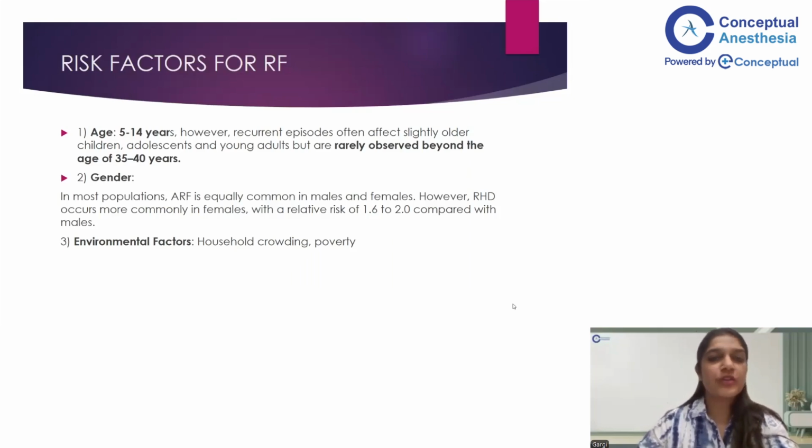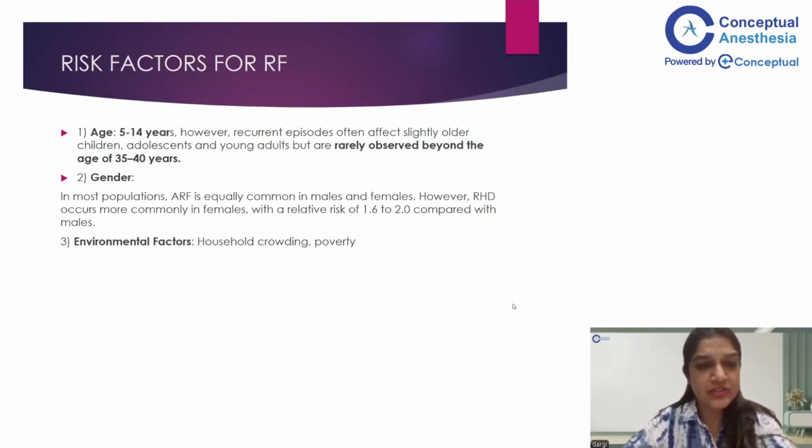The risk factors for rheumatic fever: children between the age group of 5 to 14 years are more commonly affected. It's rarely observed above the age group of 35 to 40 years. They say that it's common in both males and females, both equally affected.